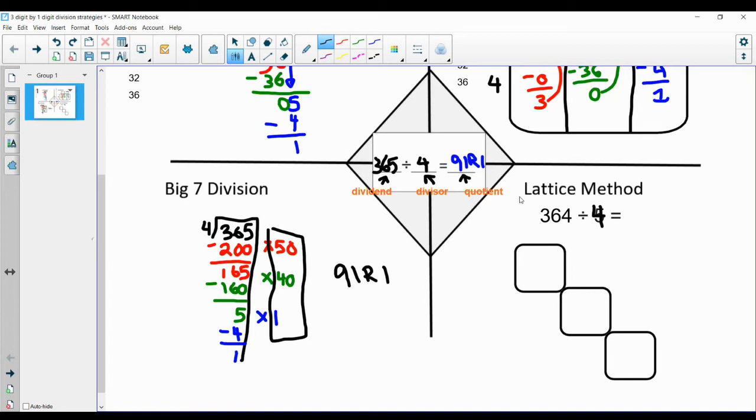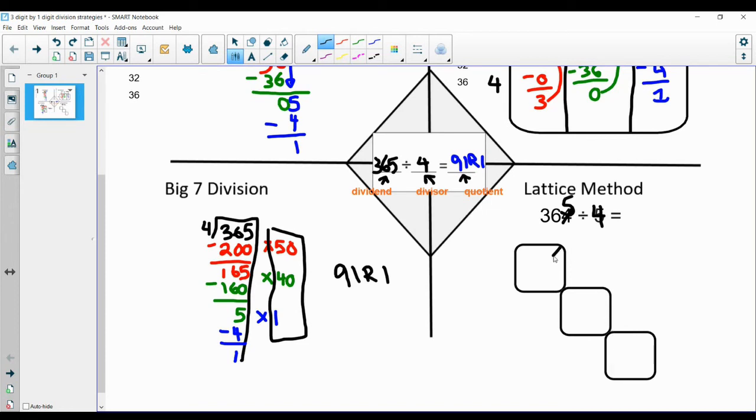So first, you take a look at how many digits are in your dividend, the number that you are dividing. In 365, we have 3 place values. So you draw 3 boxes connected together just like this.